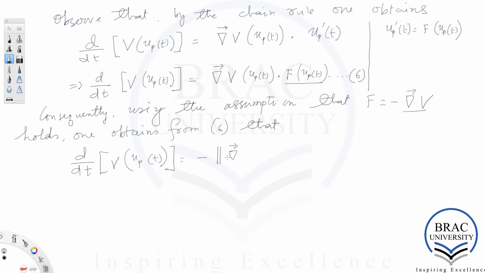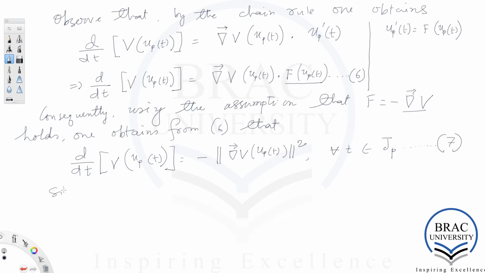Negative of the norm squared, sorry, the square of the norm of gradient v at up of t, to be more precise, and it happens for all t in the maximal interval of existence. This is going to be our equation number 7.